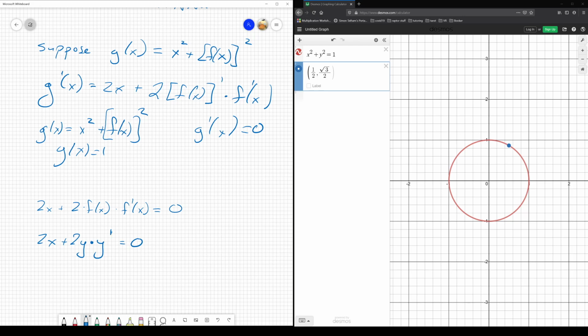All right, so I'm interested in what y prime is. Well, so what I can get is that 2y times y prime is 2x, and so then y prime is 2x over 2y. Actually, that should be negative 2x, right, because I subtracted 2x from both sides. And so I get negative 2x over 2y, which is negative x over y.